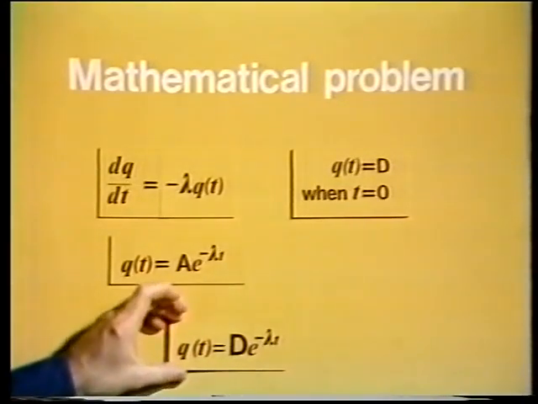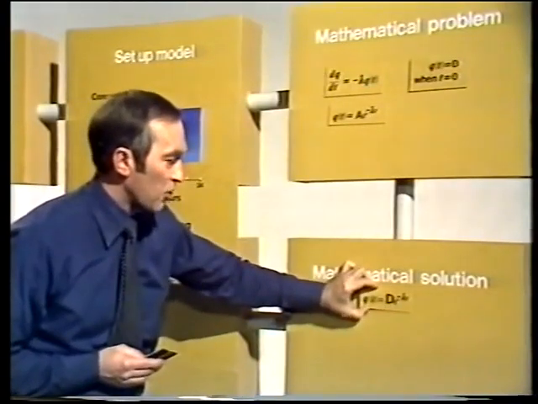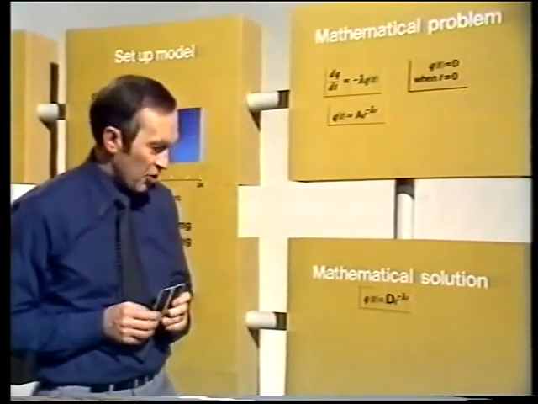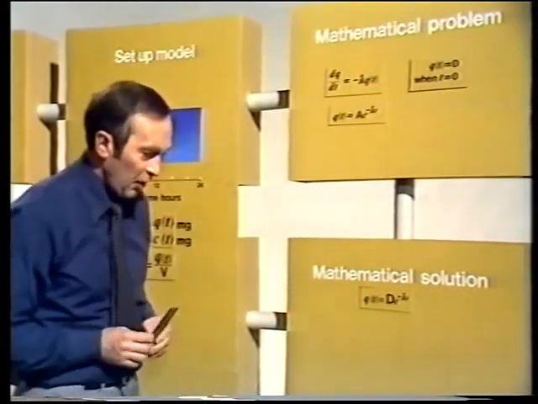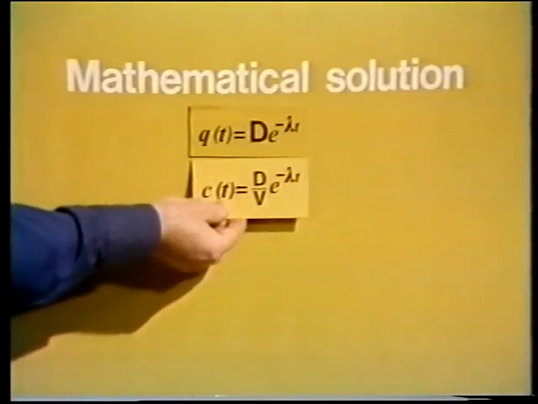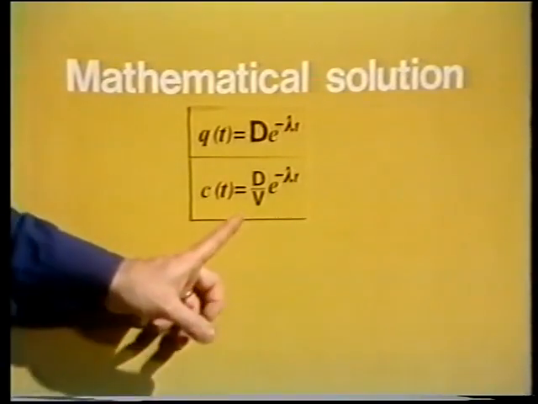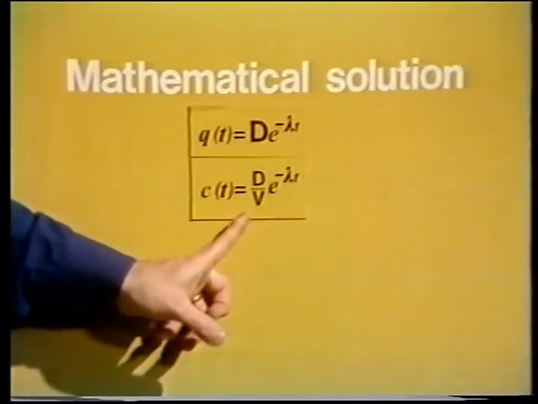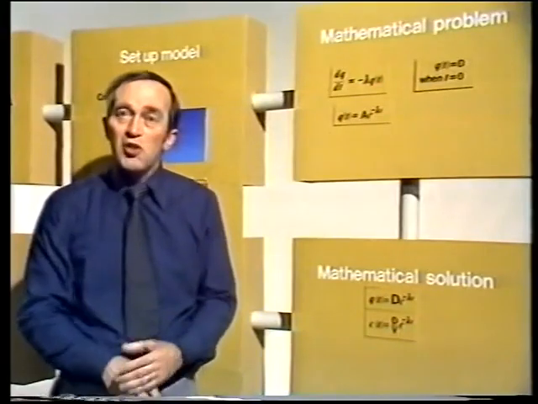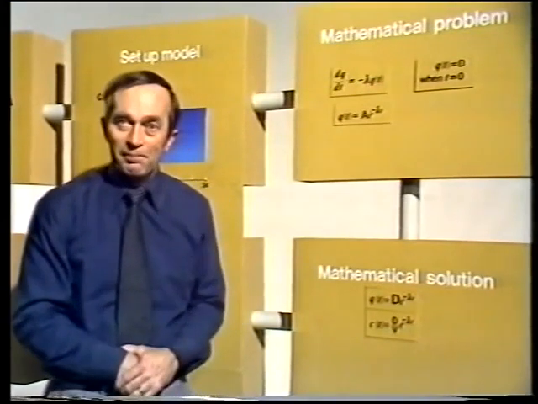So here's the solution of our mathematical problem, and it really ought to go in the mathematical solution box. But of course, what we're really interested in is the concentration. And I can get the concentration simply by dividing that through by V. And I get the concentration at any time is d over V, which is the initial concentration, multiplied by e to the minus lambda t. So there's the solution of our mathematical problem, and now we must compare it with reality.